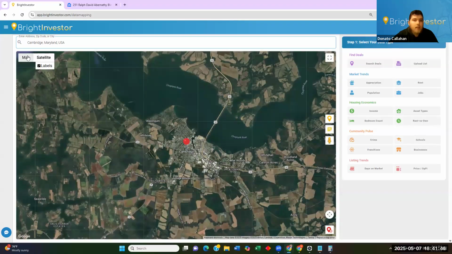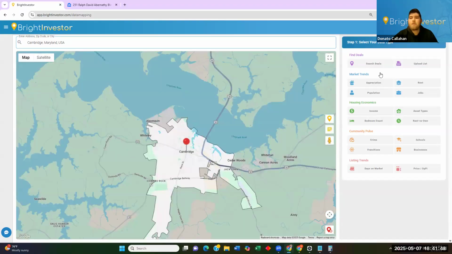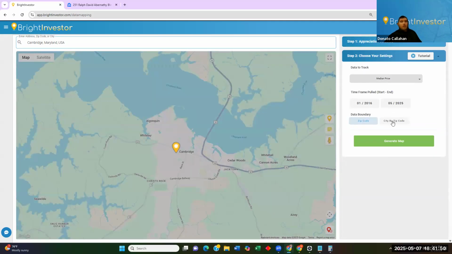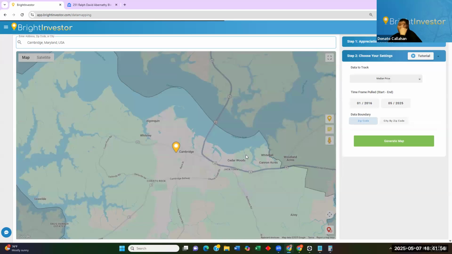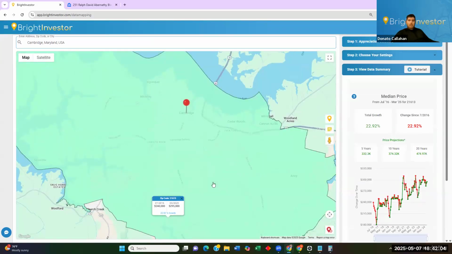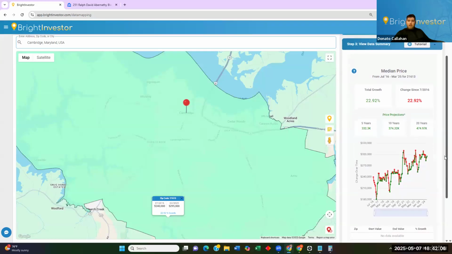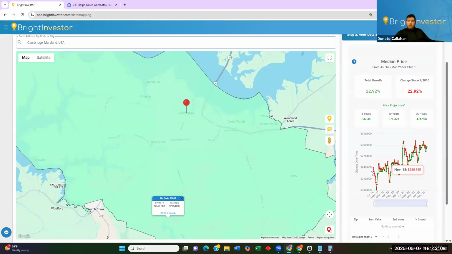Interesting spot. So let me check my appreciation here, as usual. I'm just gonna get an idea of what's been going on in this region over the last decade or so. And I don't know. Whenever we have towns like this, I always see a lot of STRs. Okay, a lot of volatility here.